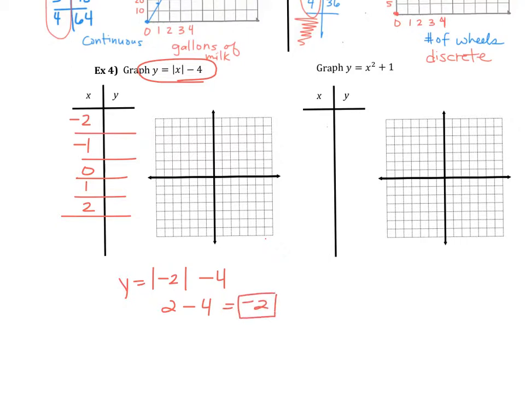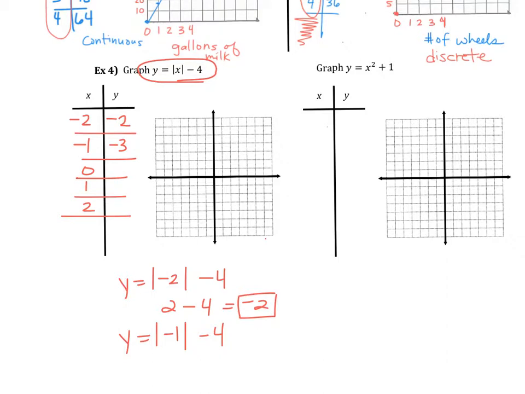So when you plug in a -2, you get out a -2. Plug in a -1. y equals the absolute value of -1 minus 4. What's the absolute value of -1? 1. What's 1 minus 4? -3. So that one's going to go here, -3.